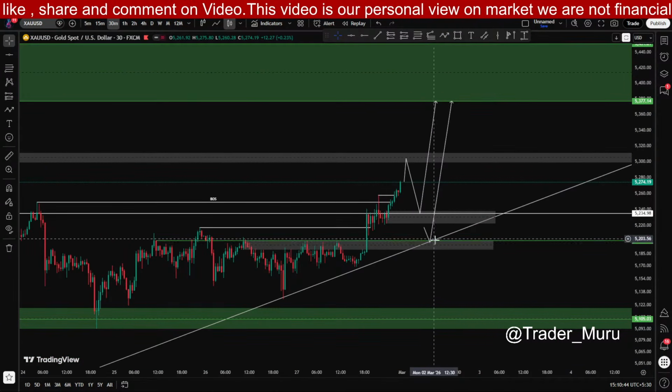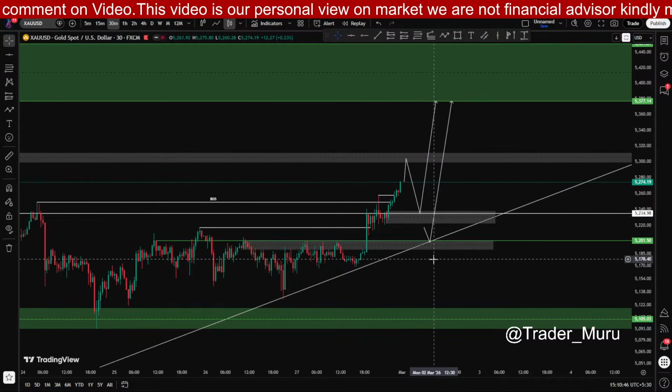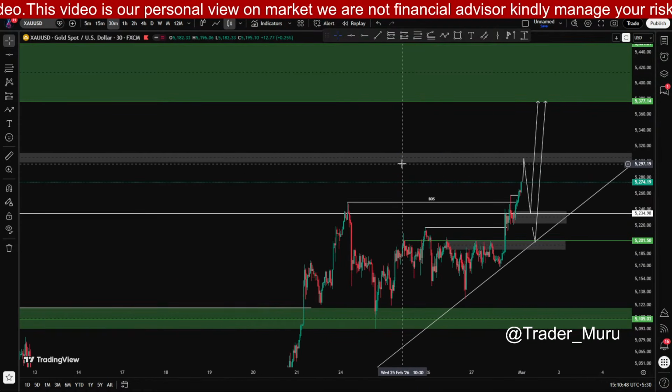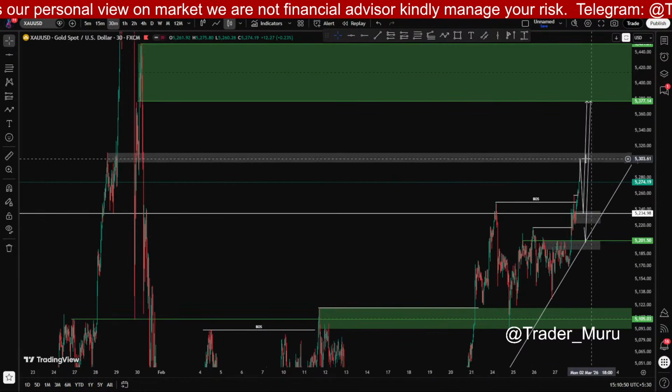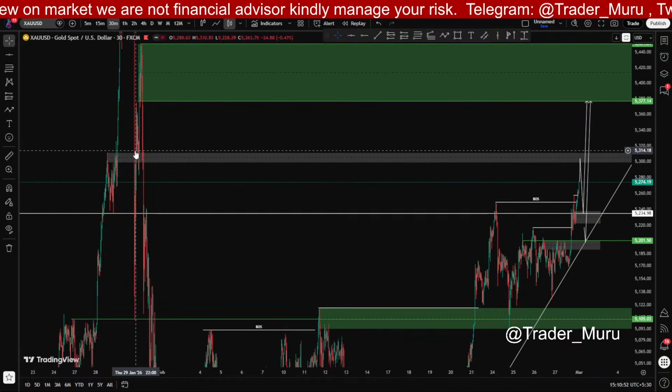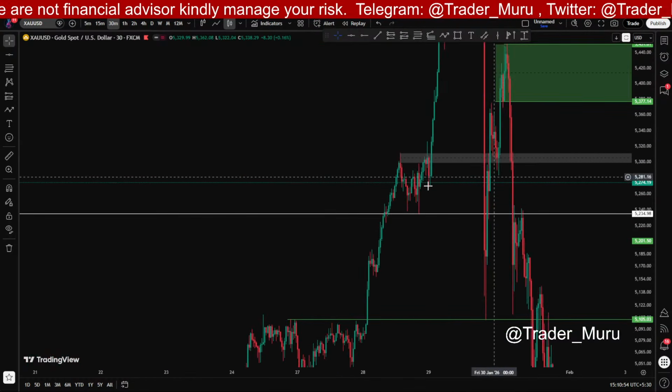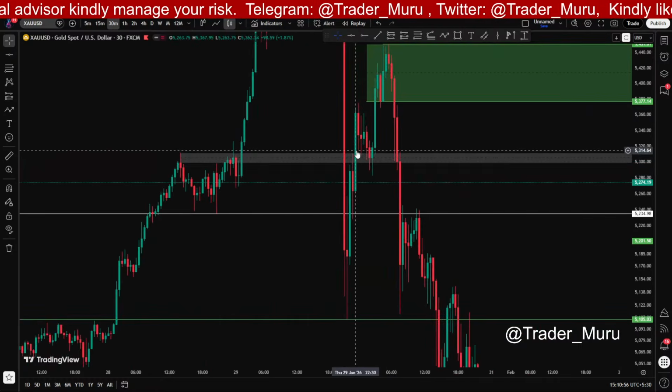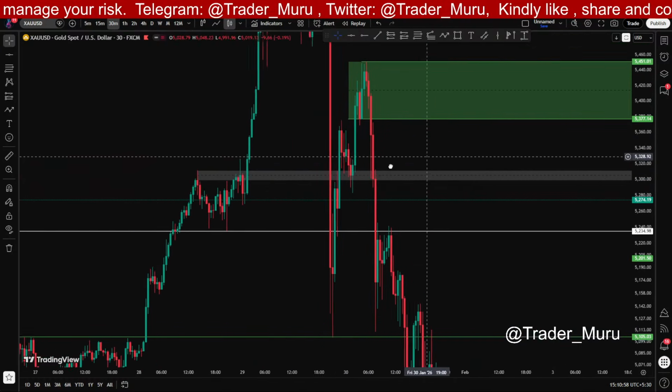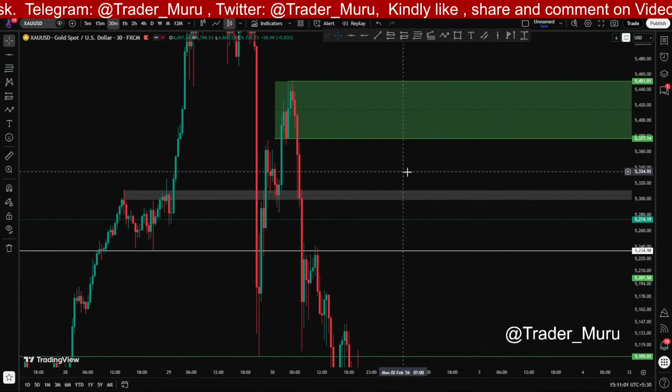So it's better to watch for long opportunity on these two areas, and if this area gets flipped again, then I will be taking a long entry on the closing above and retest, just like this.